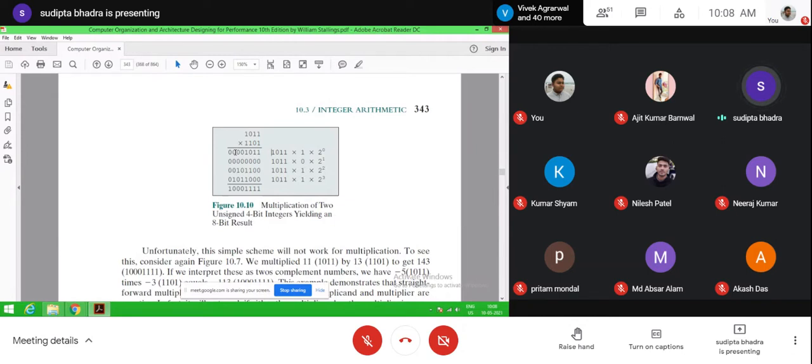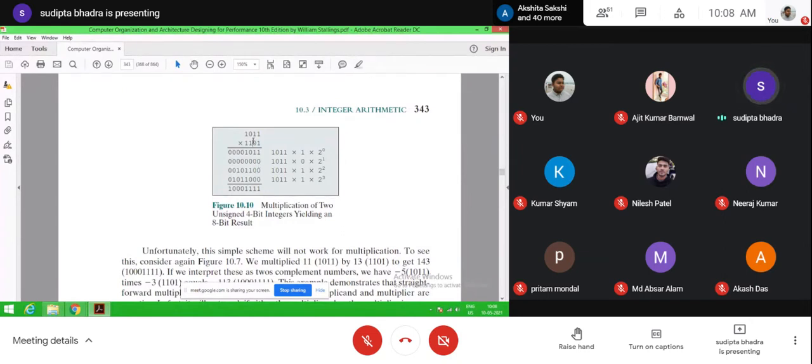In each partial product we take it in 8-bit form, which means the left part will be filled with zeros. When the multiplier bit is 0, then the whole partial product is 0.